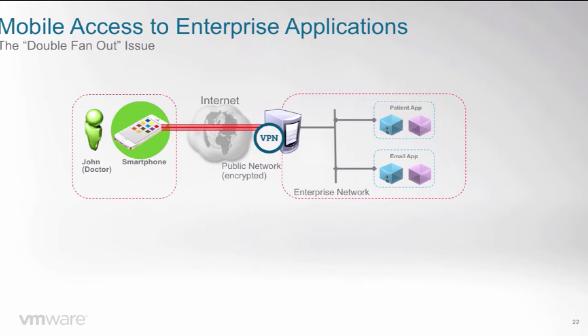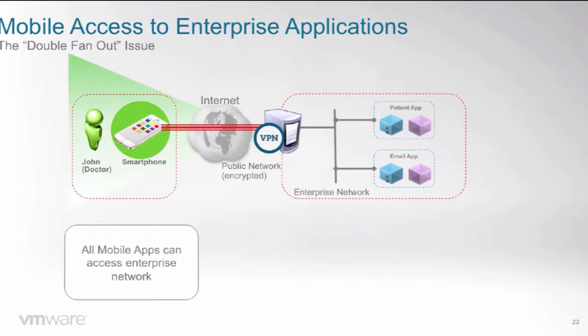The challenge that creates for us is really twofold. So for this example, imagine the case of a healthcare provider, right? And we have a user on the left side, and his name's John. He's a doctor, and he uses his iPhone for both personal use as well as access to patient applications and corporate email while he's at work and also while he's on the road. Today, he uses device-level VPN as described before.